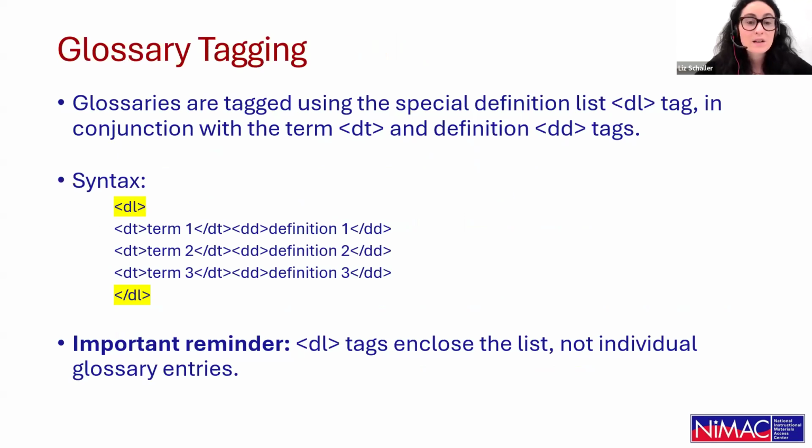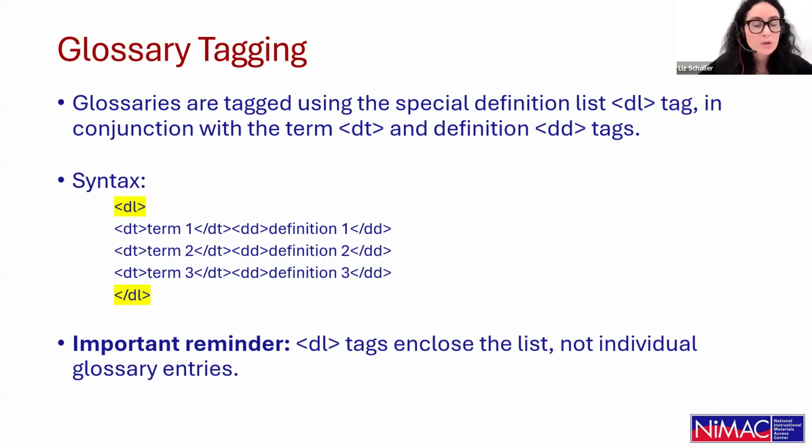And like I mentioned previously, glossaries have their own special list tagging that starts with the definition list or DL tag in conjunction with the DT, which is for the glossary term, and the DD for the glossary definition. Those are the three tags.